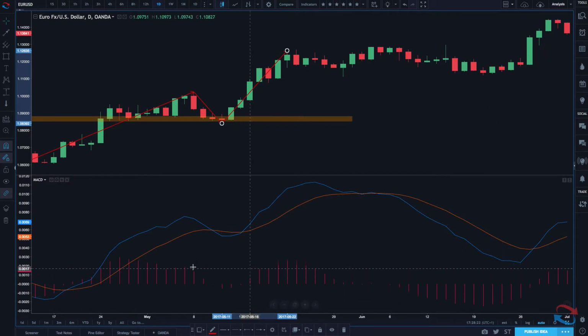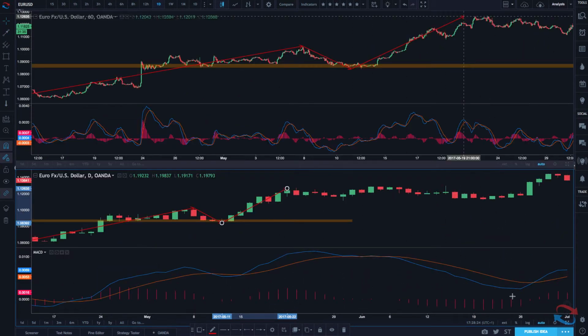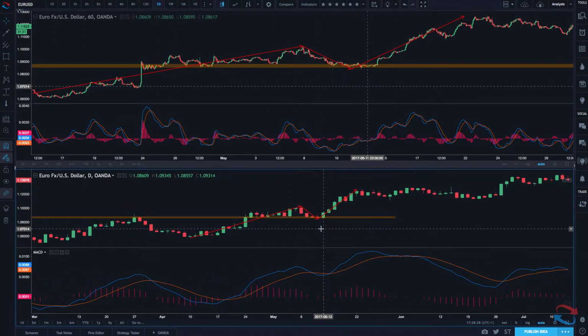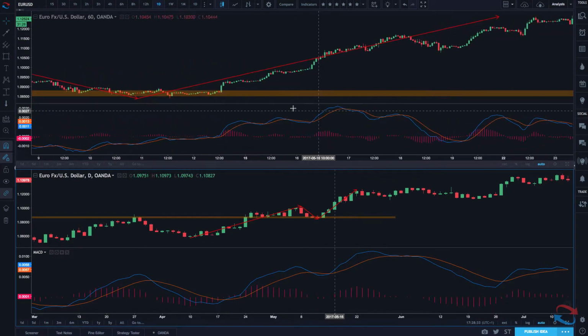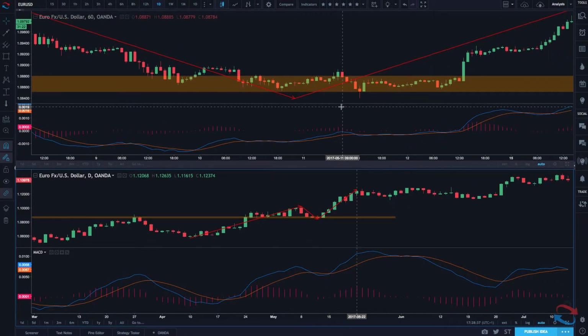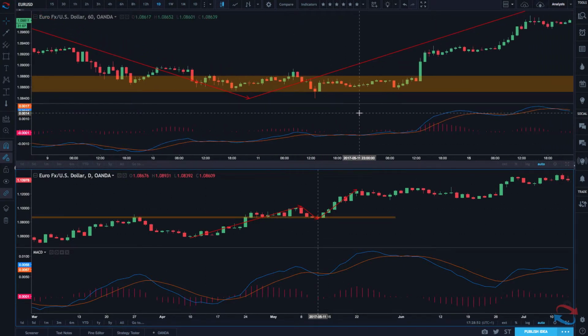So then what would happen is traders would go down to the lower time frame and look for bullish entries. So we have the cursor, which moves on the hourly time frame, which is the lower time frame, and we've got the euro dollar on the daily time frame, the higher time frame. So the candlesticks are pretty much synchronized.